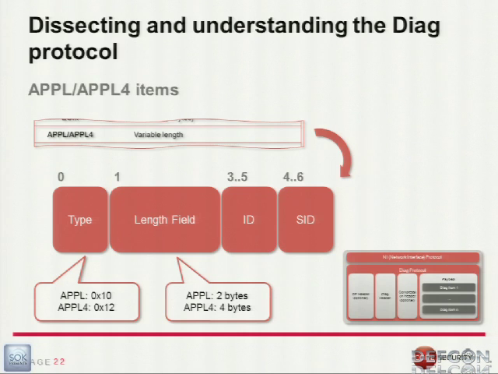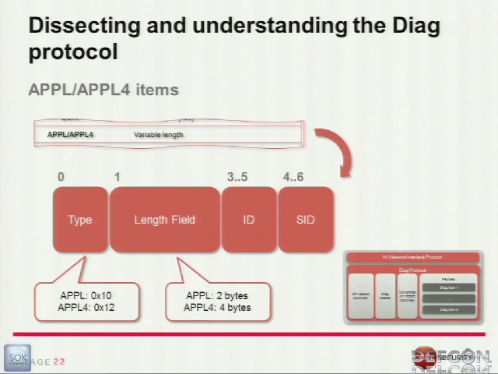Each one of these items also has its own header. The first field is the type, which denotes if it is an APPL or APPL4 item. Then you have a length field, which can be 2 bytes or 4 bytes long. And then you have 2 additional identifiers, an ID and SID.